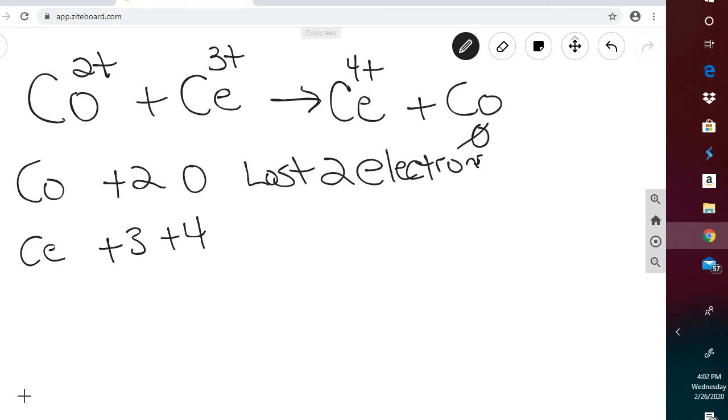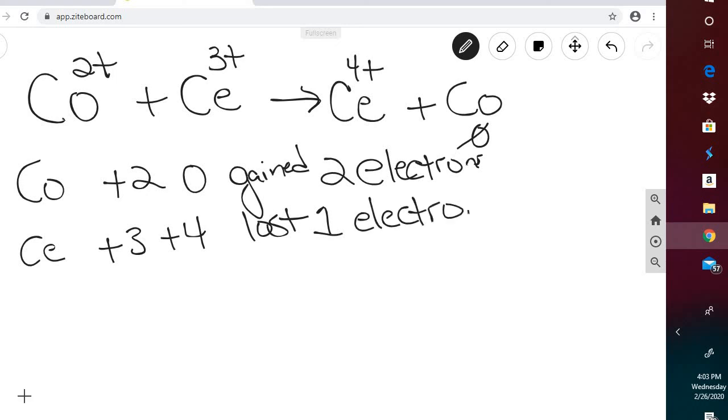So that means that... I'm sorry, I'm messed up here. This means the cobalt gained 2 electrons, gained more negative, so it gained 2 electrons. This lost 1 electron.